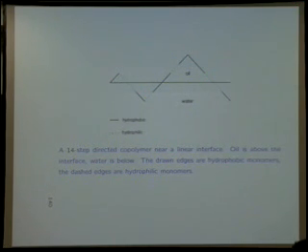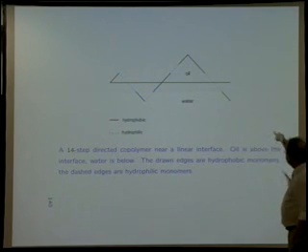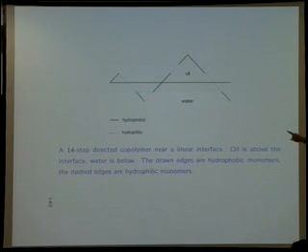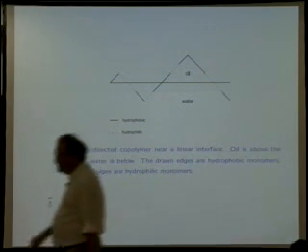So I want you to now think of a directed polymer, still a path that always goes to the right and up, or to the right and down. But I want you to think of the edges as being hydrophobic and hydrophilic rather than the sides.